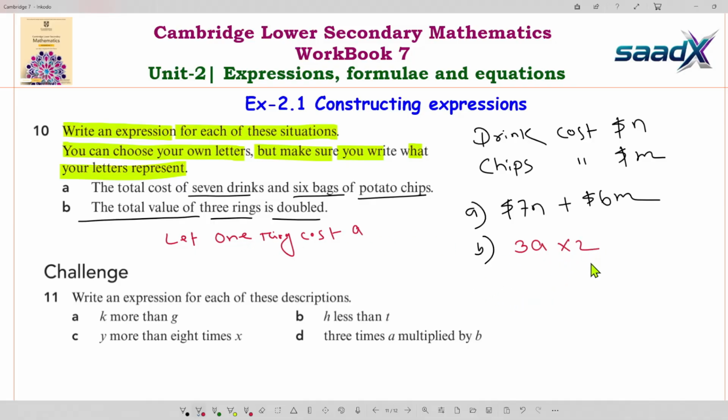So the answer is 3A times 2. You can also write it like this: one drink costs $N, and one bag of chips costs M. So 7N means 7 drinks and 6M means 6 bags of chips. So A and B of number 10 are done.